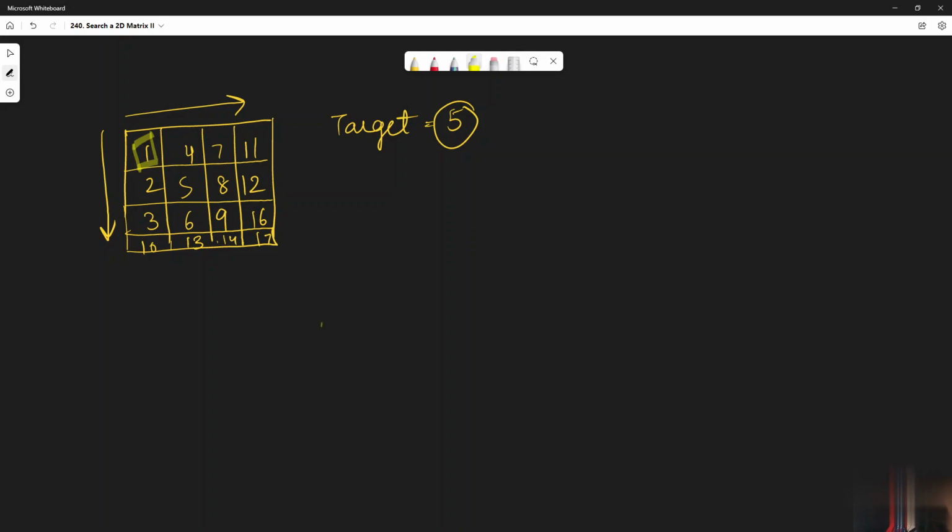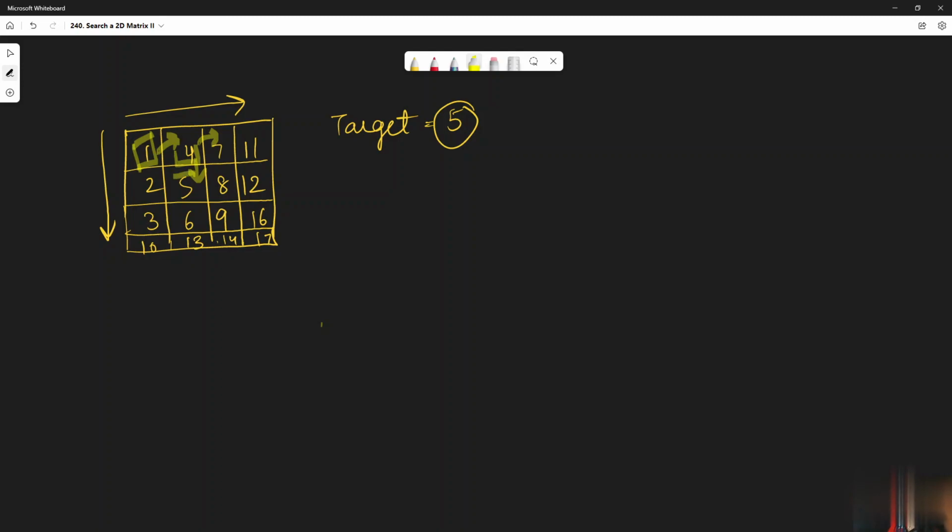So first we'll choose to move towards the right-hand side and we will go to the 4. So 4 is somehow closer to our target, right? So again we can check by moving towards the next element, that is 7, right? But this element is greater than our target, so we won't move along the row, but we will move downwards.